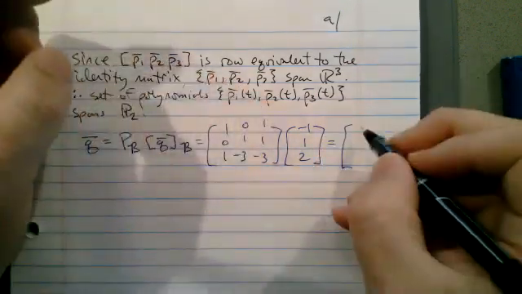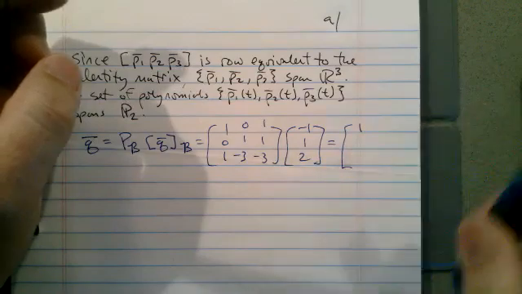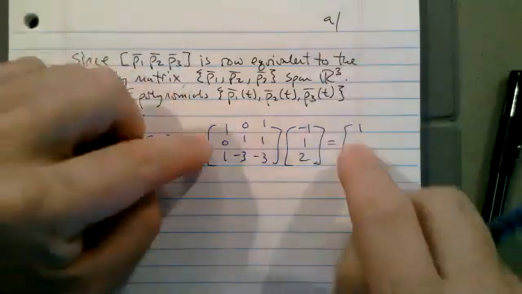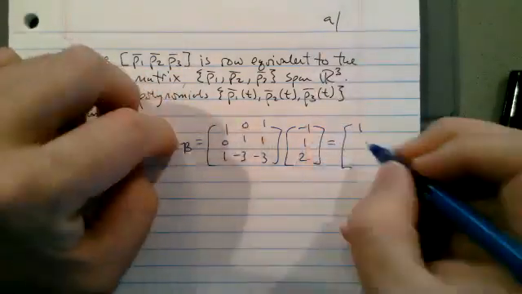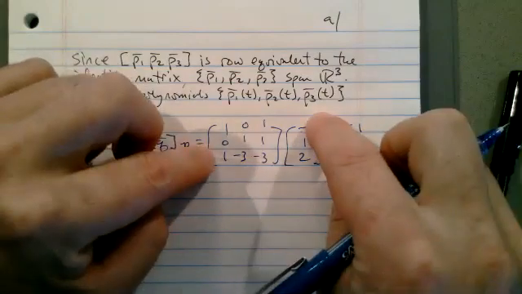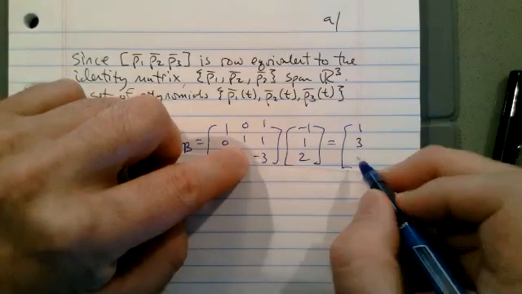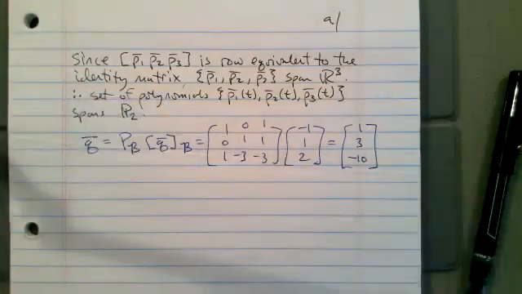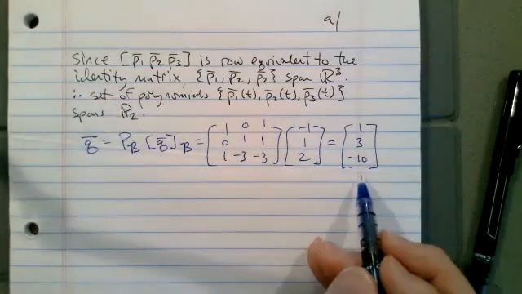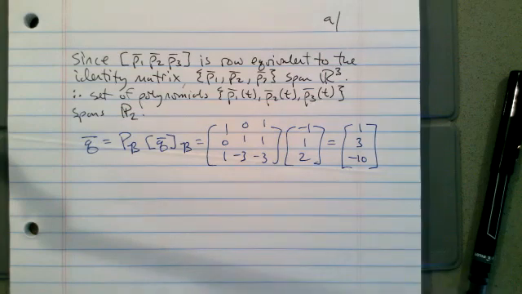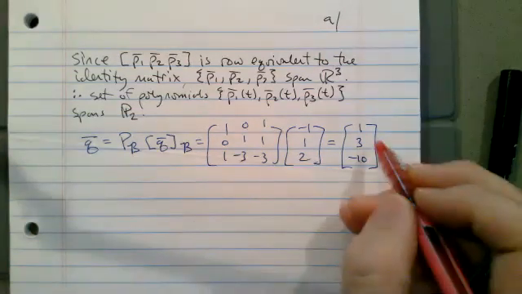So it'll be minus 1, 0, and 2, so that'll be 1. I'm doing arithmetic, so probably going to be wrong. 0, 1, and 2 is 3. Negative 1 minus 3 is minus 4. Minus 6 is minus 10. Those are the standard coordinates of Q. So here, just to be very clear, this is not what Q is equal to.